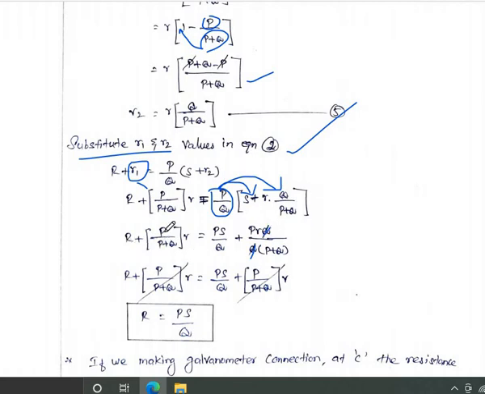R plus P by P plus Q into R equals PS divided by Q plus PR by P plus Q.